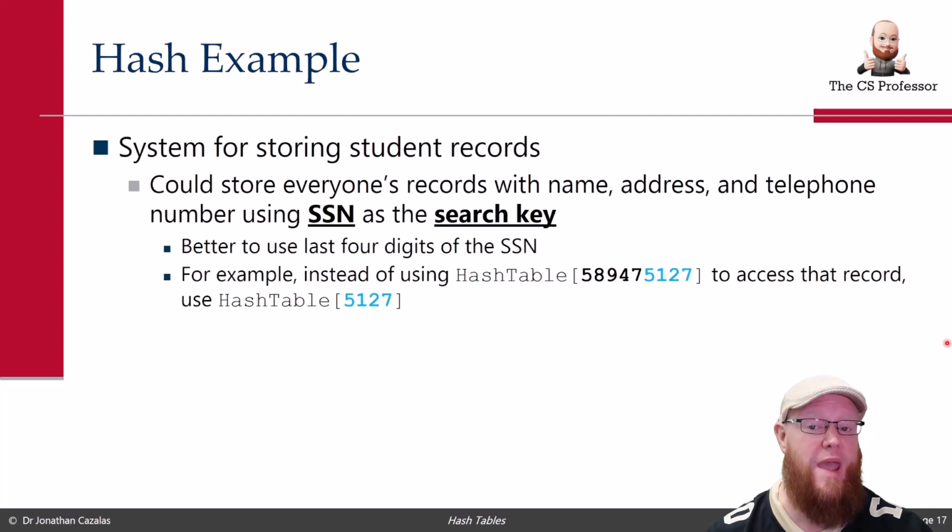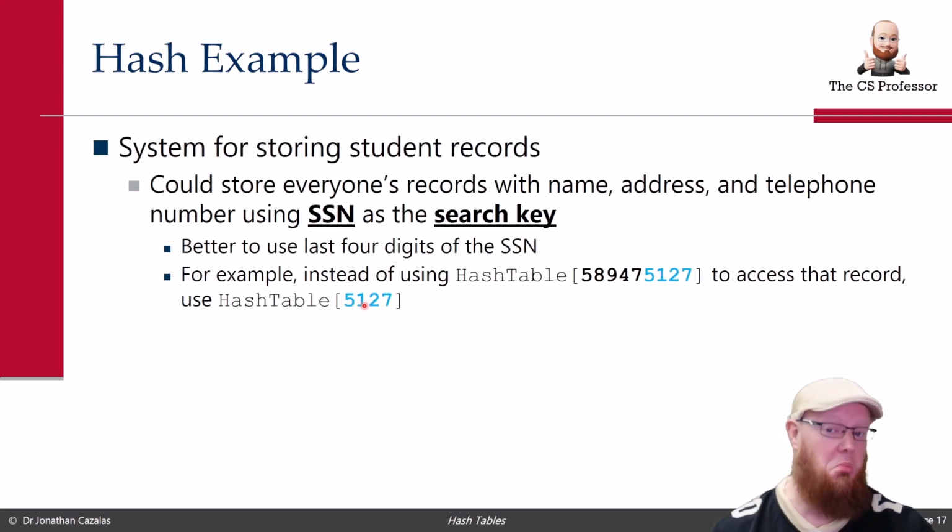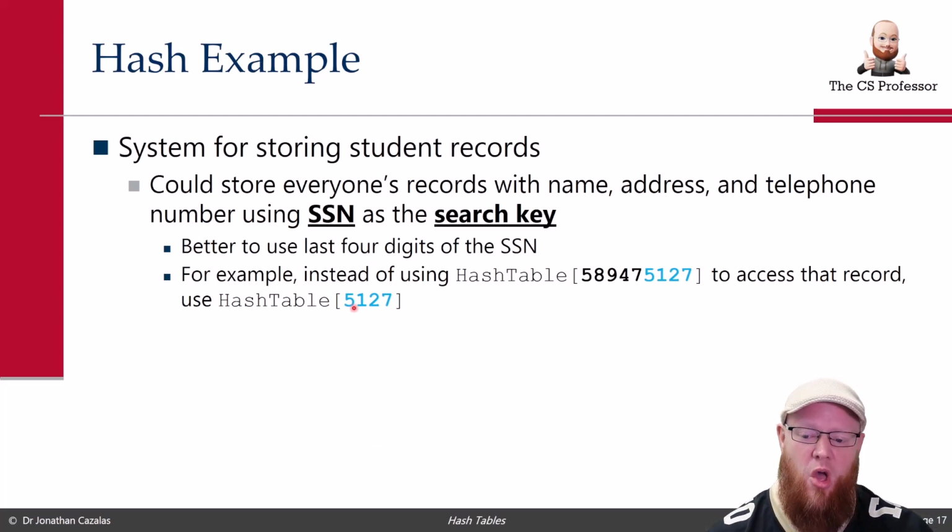For example, if we had Betty, again, 589475127, instead of storing Betty at that entire index requiring a hash table of size 1 billion, what if we stored Betty at index 5127? So now we only need a hash table that goes from index 0000, you can think of 4 zeros, index 0, all the way up to 9999.